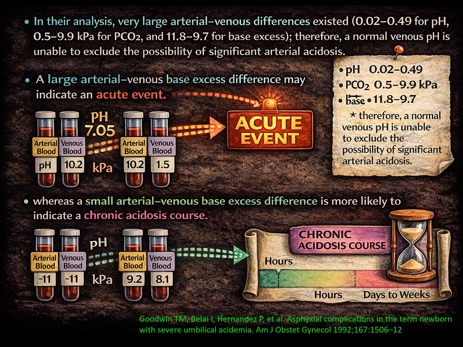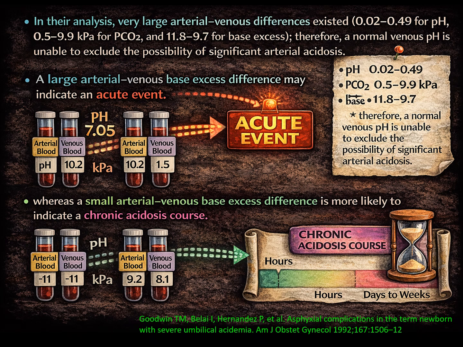Why is it important to take both artery and venous blood samples? In their analysis, with a very large arterial venous difference, whether in pH, CO2, or base excess, a normal venous pH is unable to exclude the possibility of significant arterial acidosis.